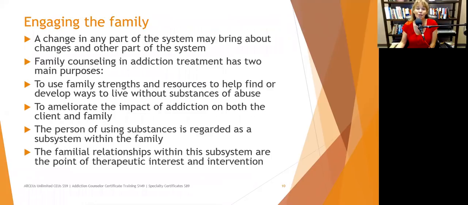The first step, though, is to engage the family. A change in any part of the system will bring about changes to other parts of the system, and that's important to recognize. So when you have a person in residential treatment, that's great. That's lovely, because they can focus on that. I love residential treatment for the first 90 days when possible. Gets them through post-acute withdrawal, allows them to start learning about their own thoughts and patterns and developing some skills.